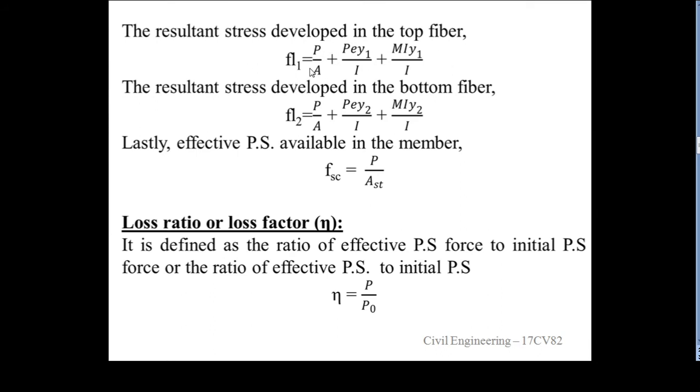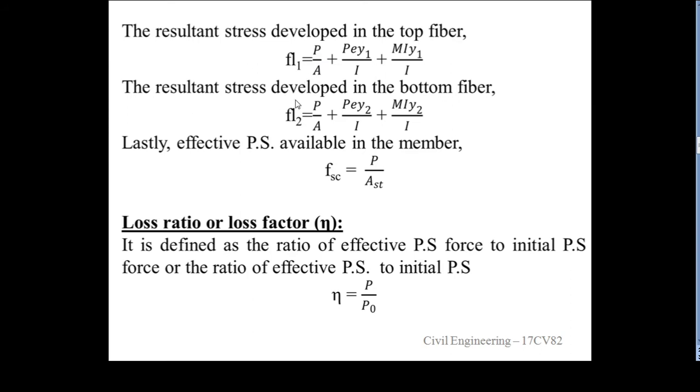FL1 is equal to P by A plus P e Y1 by I plus MT Y1 divided by I. Here, same as the previous equation, the only difference is P. There we used P naught, here P. This P is lesser than P naught: P naught is the initial pre-stressing force, and P is the value we get after the losses.